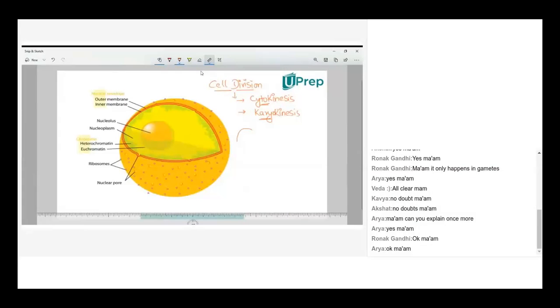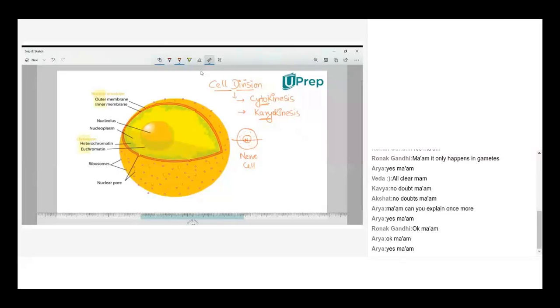Assume that this is a cell, take an example, a nerve cell. A nerve cell will have a nucleus and cytoplasm with all cell organelles. If the cytoplasm and the nucleus divide equally, then it is called mitosis.